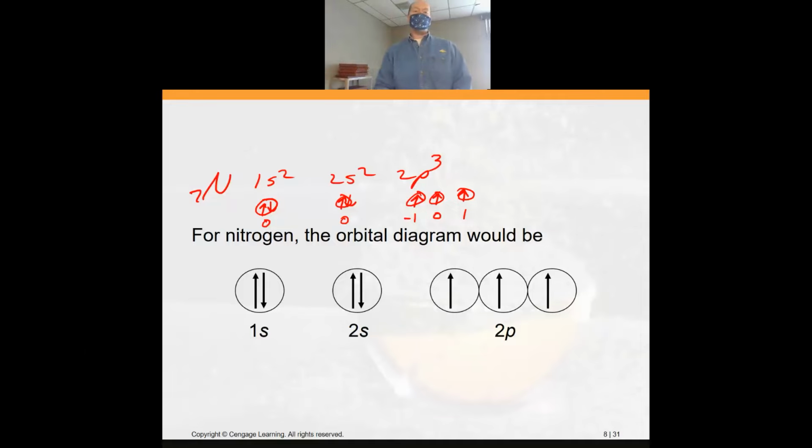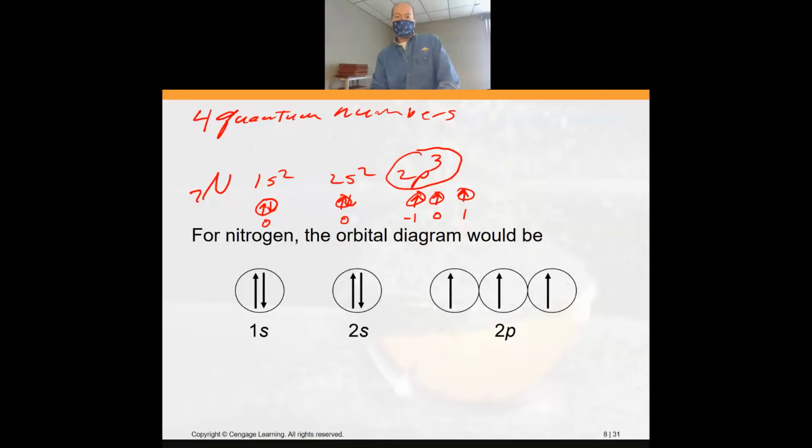You will also be asked for the 4 quantum numbers for your nitrogen, and it's always for the last electron that you put in. So we're looking for the 4 quantum numbers for the 2p3.